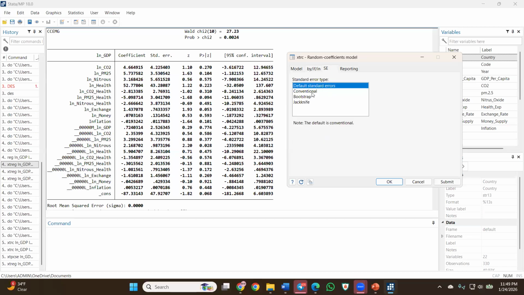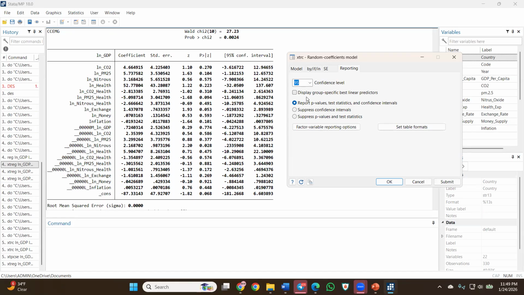When you come to the SE, we have the conventional, bootstrap, jackknife, even the reporting, we have the confidence level to be 95. So someone asked if the confidence level can be changed. If you are using the package, the interface, you can make changes to the confidence interval. But you see that the code that we use has already set it to 95%. So all these things make the result vary.